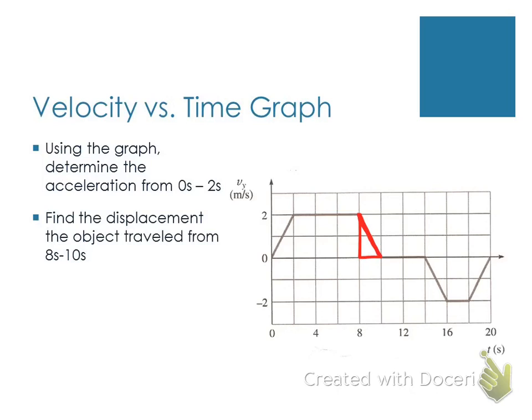So we're going to find the area from that graph to the x-axis. And this was 8 to 10 seconds right here. So the length of this side is 2. The length of this side is 2. So to find the area of a triangle, we take length times width divided by 2, which gives us a displacement of 2 meters.